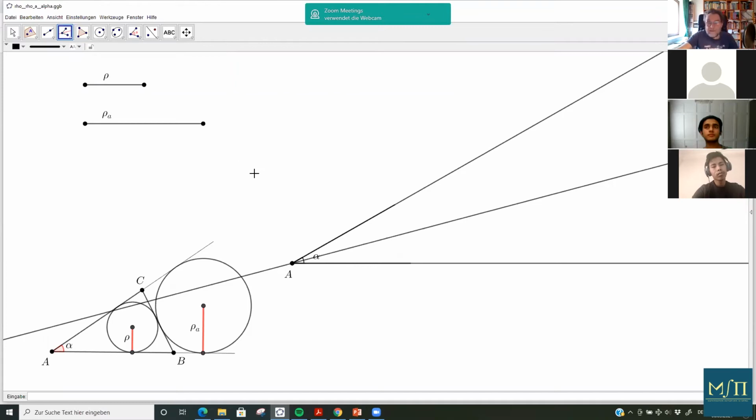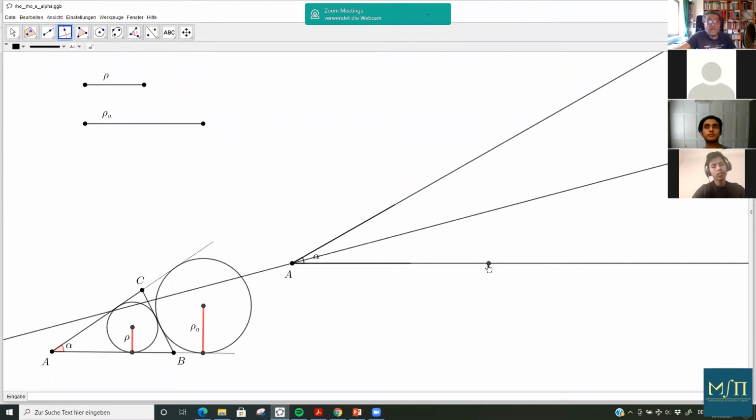Now, we already used in our last construction the fact that the point must lie somewhere on the parallel to this, either the bottom line if we're using AB or otherwise AC, but I'm going to use the bottom line, the distance of which to AB is equal to rho. We can find that by simply marking any random point here on the side.